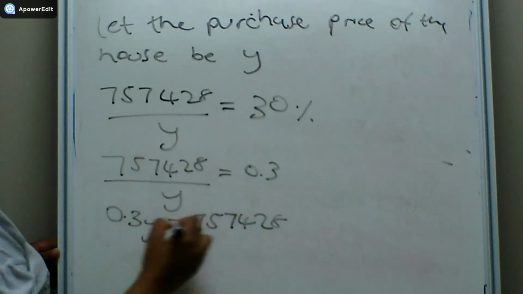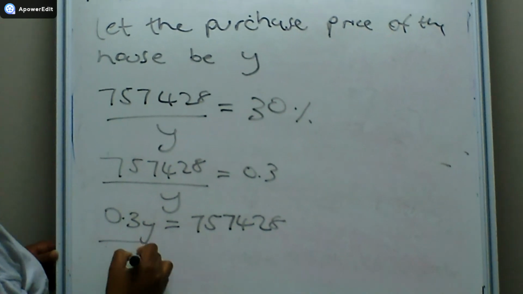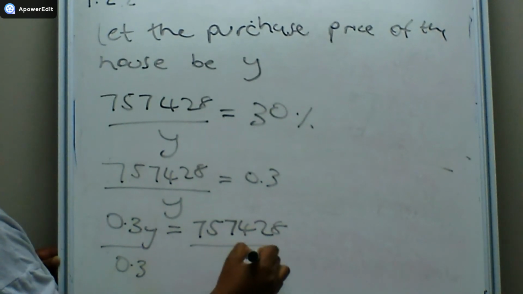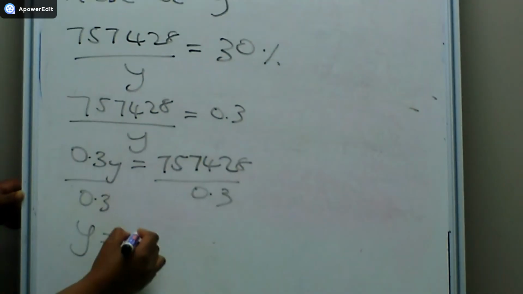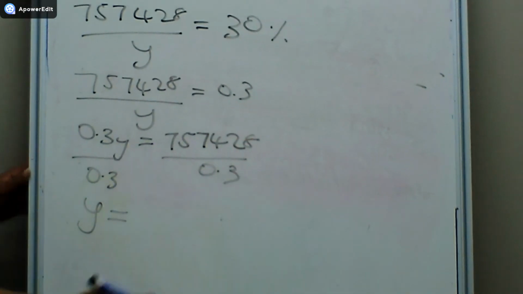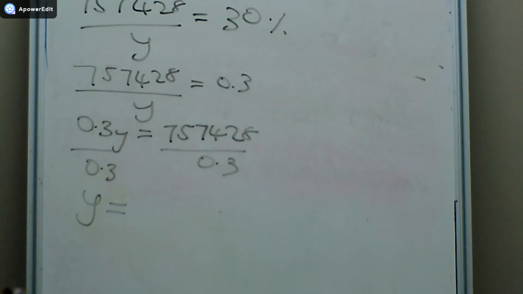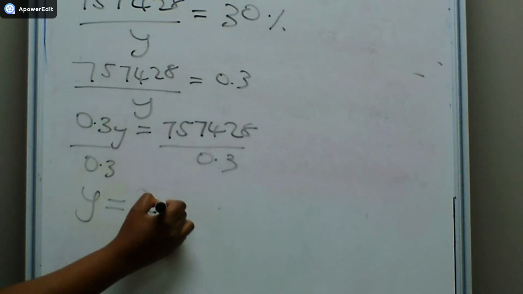So you do know that 30% is 0.3, and basically just cross multiply, and then you have 0.3y equals whatever that number is, and then basically what you have to do last is you divide both sides by 0.3 and you get your answer.